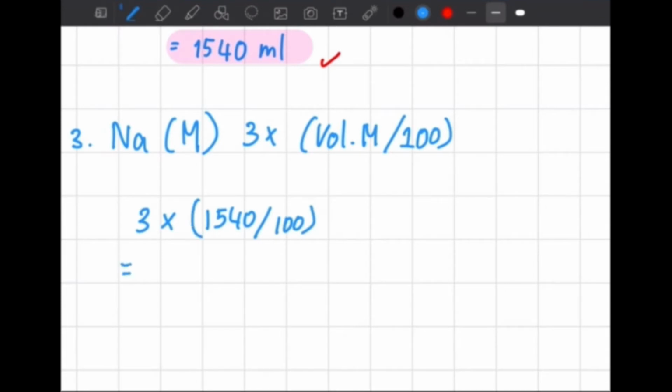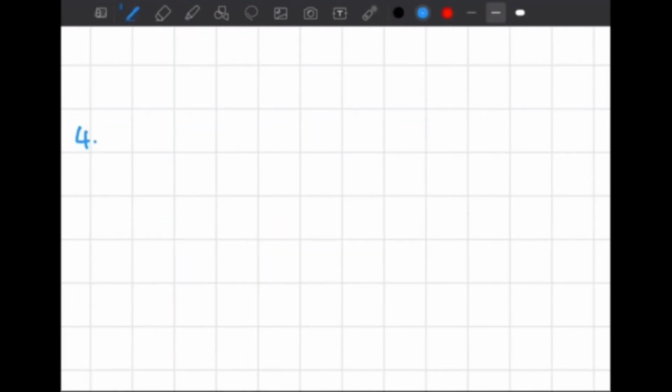What we end up getting is 46.2 mEq per day. That's another value done.